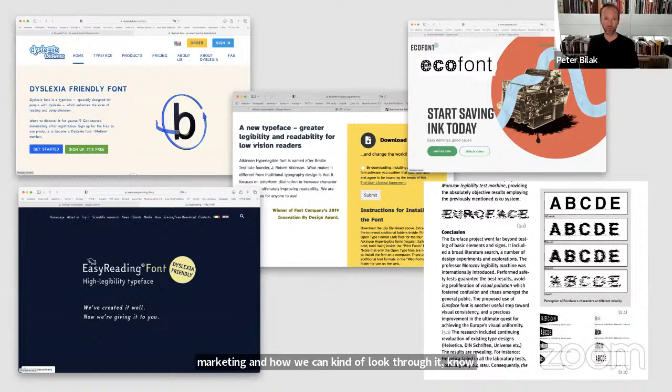Whether it's dyslexia-friendly fonts, or fonts which claim to save ink, or are easier to read at fast speeds, always just look at what the evidence is for such a claim, and see if it's realistic, and how this evidence has been constructed. What methods have been used to test it. None of these projects really are based on any science.